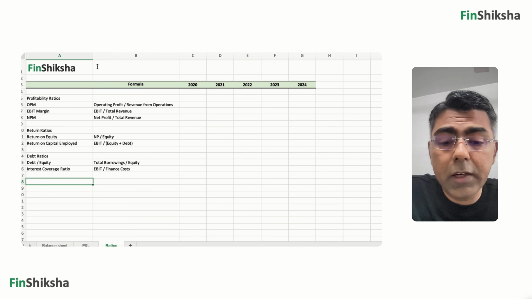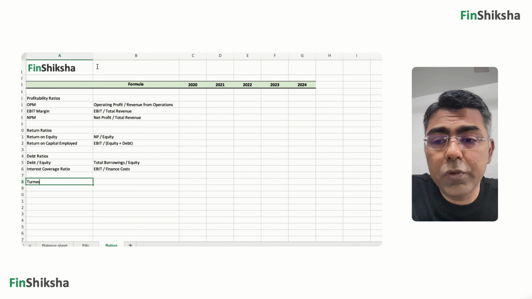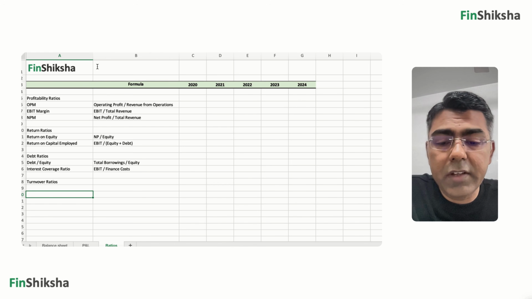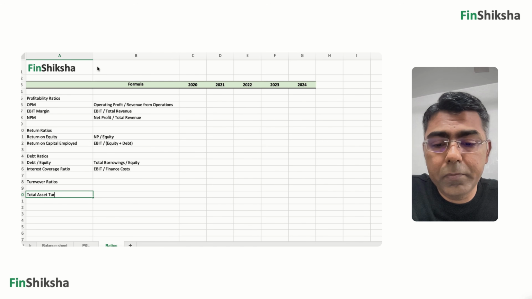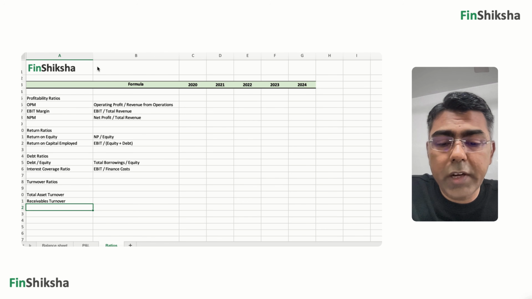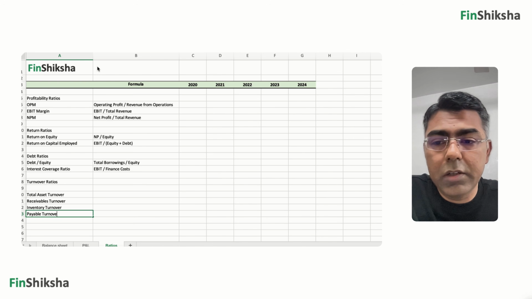We will look at turnover ratios, right? Turnover ratios. So we'll, let's say, look at total asset turnover. We will look at receivables turnover. We will look at inventory turnover, and we will look at, let's say, payable turnover.